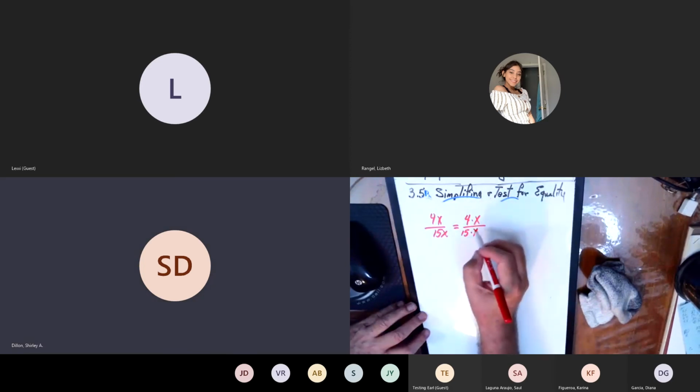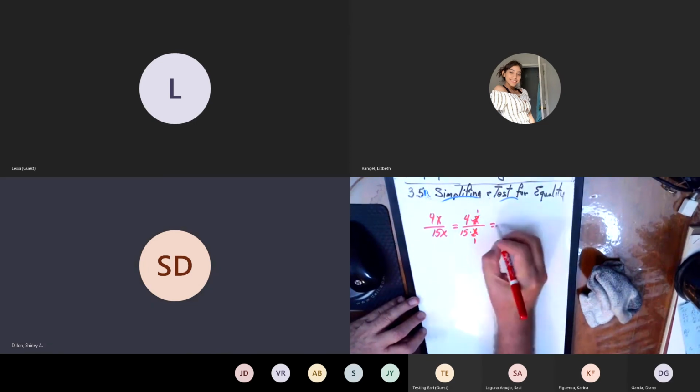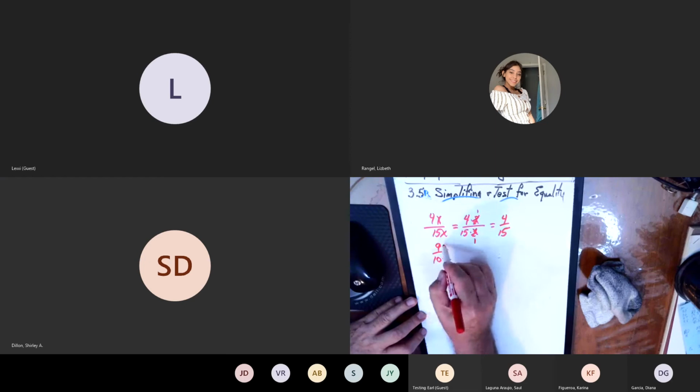And x over x, anything over itself, is automatically 1. This is going to reduce to 1. And so I just have 4/15. And a lot of students will see that. If I have 9/10a, they will say the only thing that's going to come out of here are the a's. And that would be 9/10.